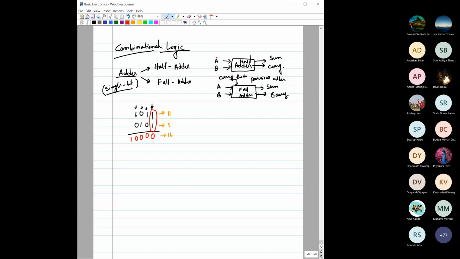We have only 2 bits to add, A and B. However, if you consider from here onwards, you obviously have to add A and B, but at the same time you also have to consider the carry coming from the previous adder. So that part also you have to add. That is basically the difference between the full adder and the half adder.